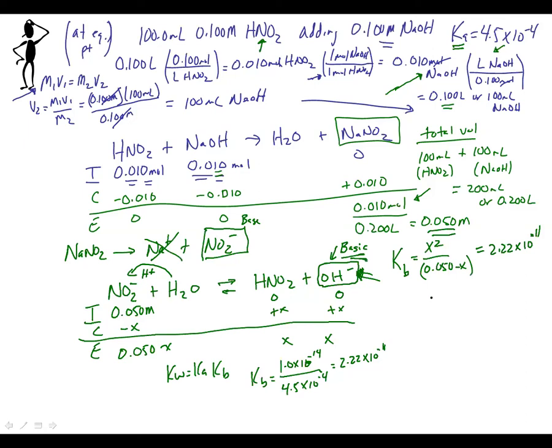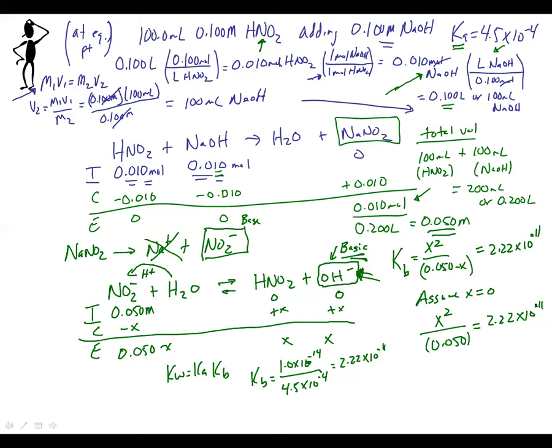We're going to assume X is equal to 0. That's going to give us X squared over 0.05 equals 2.22 times 10 to the minus 11. We're going to multiply the bottom to the other side and also take the square root.